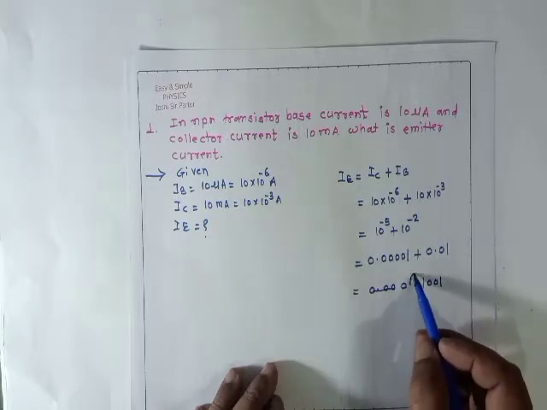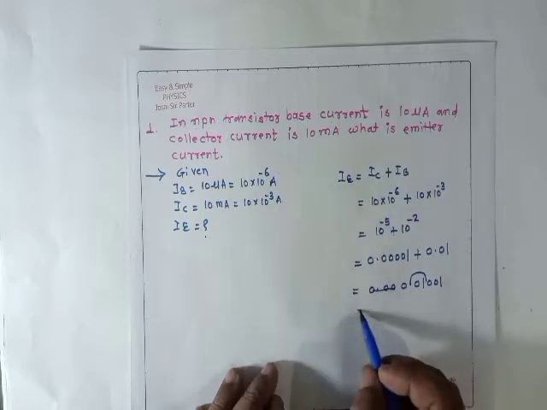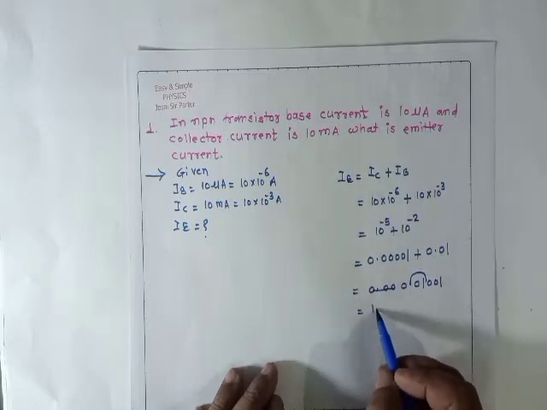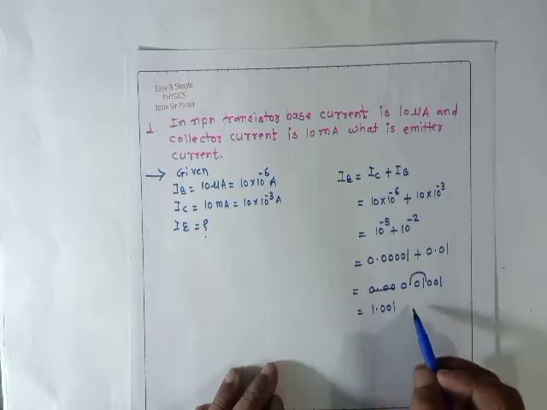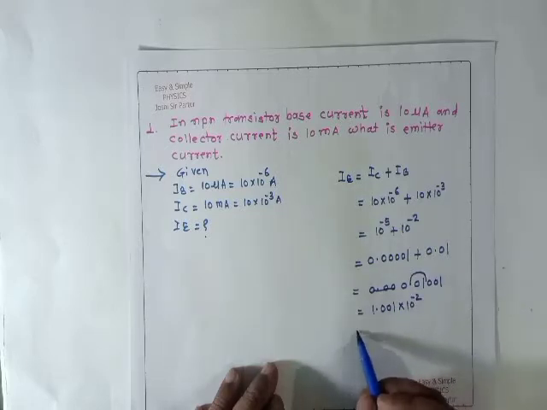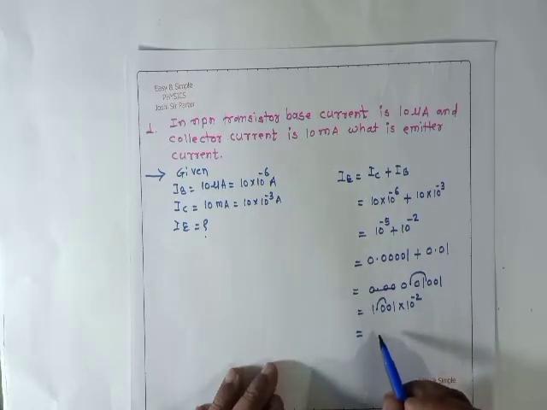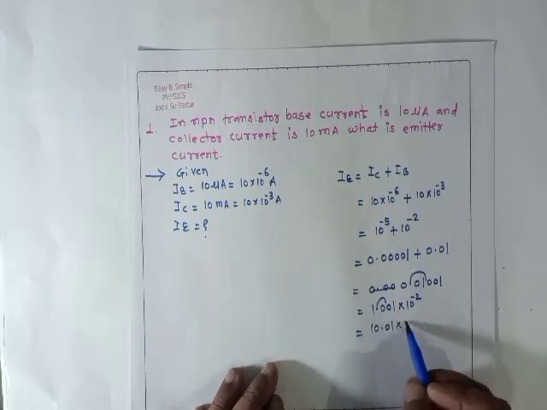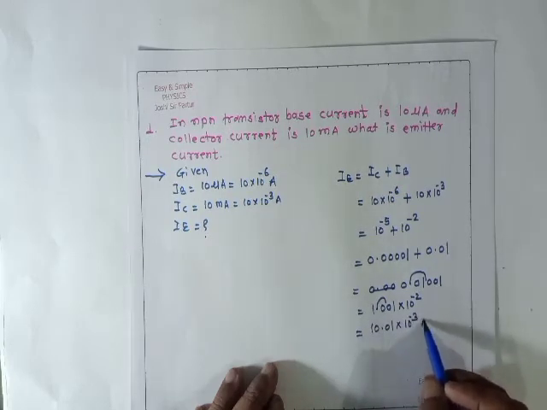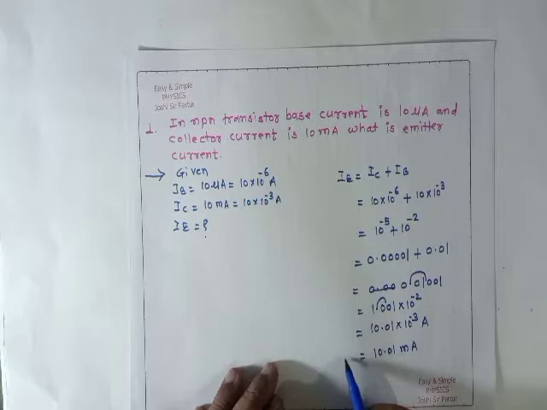If we shift the decimal after 2 decimal points, it will be 1.001 into 10 to the power minus 2, or if we shift the decimal point after 0, it will be 10.01 into 10 raised to minus 3 ampere, that is 10.01 milliampere.